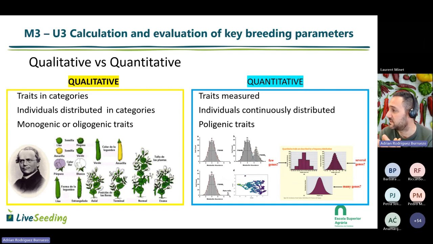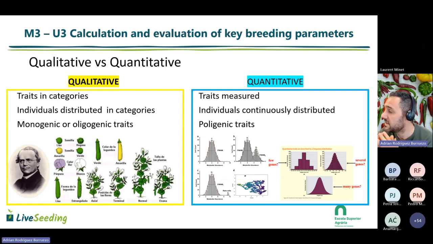Quantitative traits have no categories. I mean, quantitative traits are those traits that are measured, based on metrics. In fact, historically, this part of genetics, the inheritance of quantitative traits, has been called biometrics.